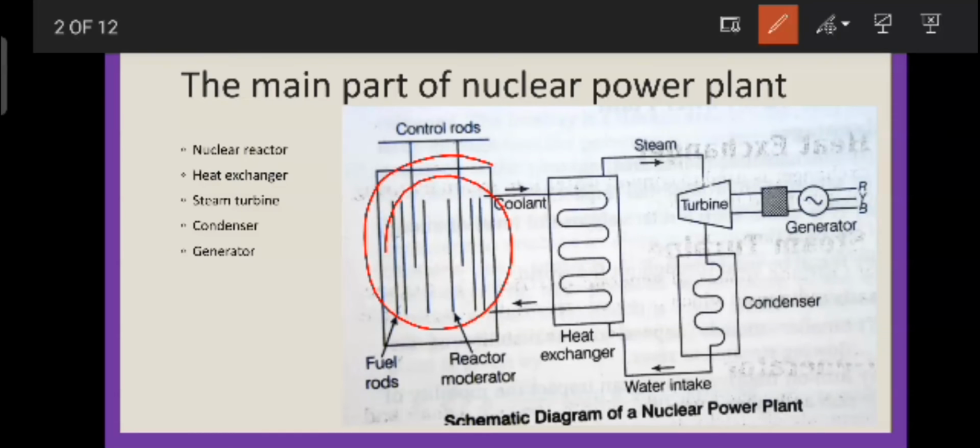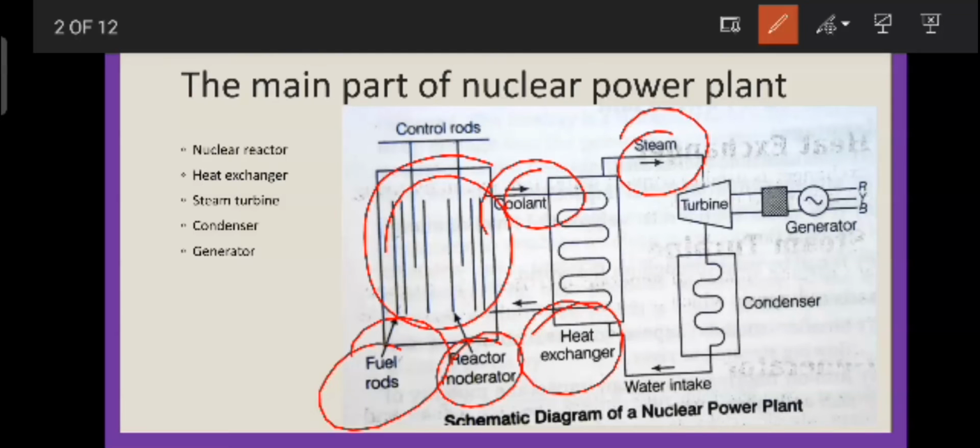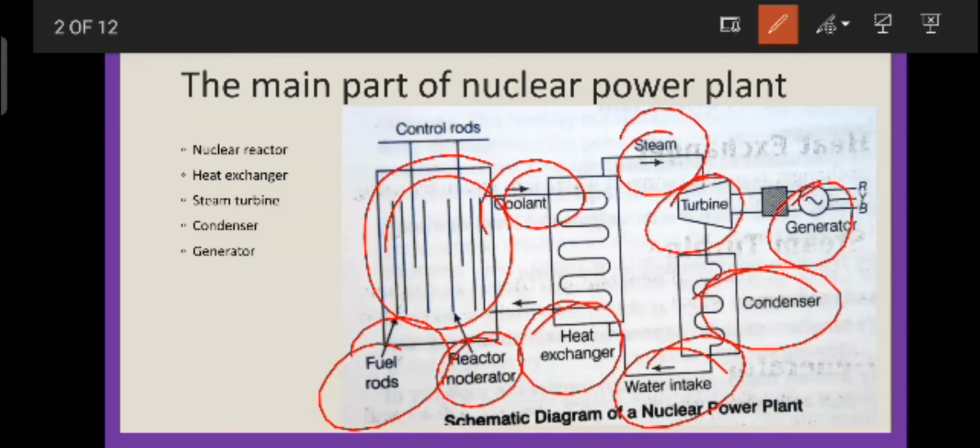This is our nuclear reactor, and this is our coolant, heat exchanger, reactor moderator, fuel rod, steam turbine, water intake, generator and condenser. Those are the main components of the nuclear power plant. So one by one we have to discuss all those things.